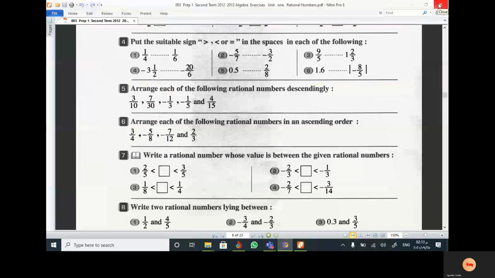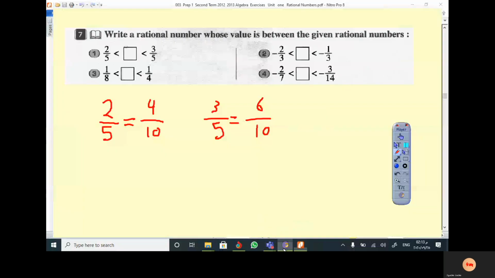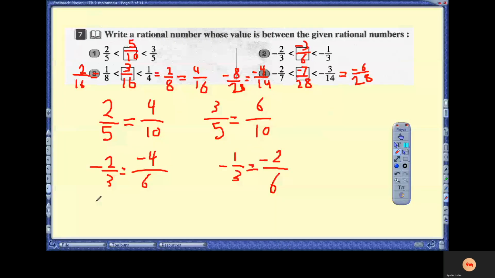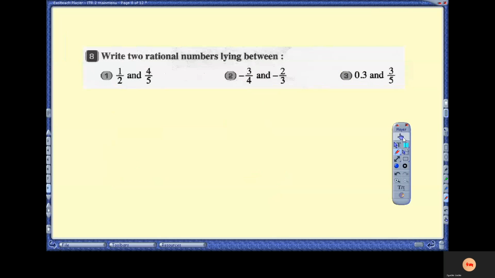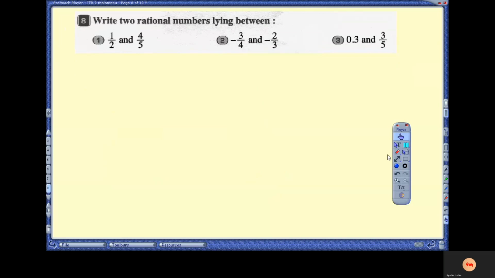Write two rational numbers lying between half and 4/5.